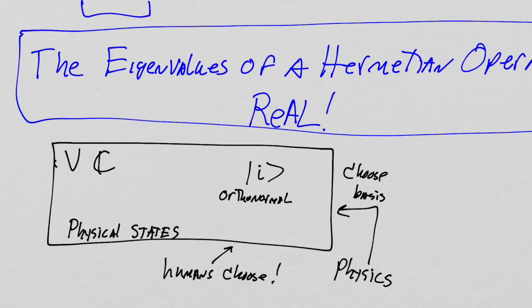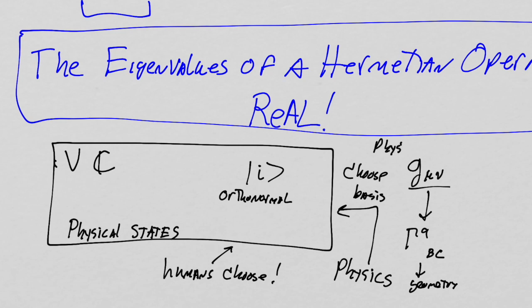You may remember we talked about the metric of space-time, and the metric told us about the connection on the space-time, and the connection told us about the geometry. We allowed the physics to give us the metric through the Einstein equation, and then everything flowed from there.